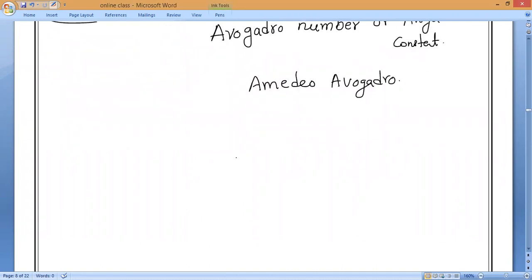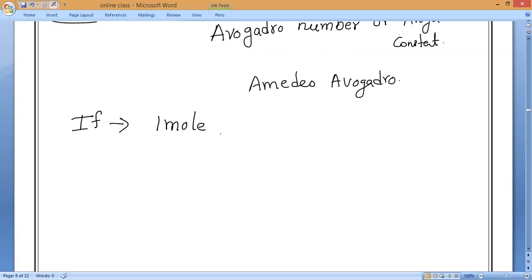So, remember, suppose Harish says that I am having 1 mole of substance. I will say, what do you mean by 1 mole? Is there any particular thing?